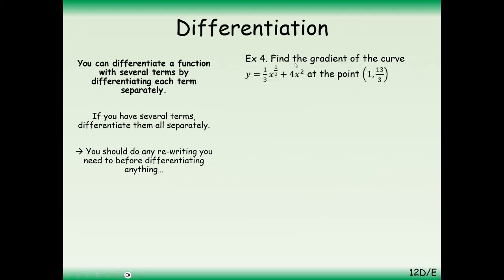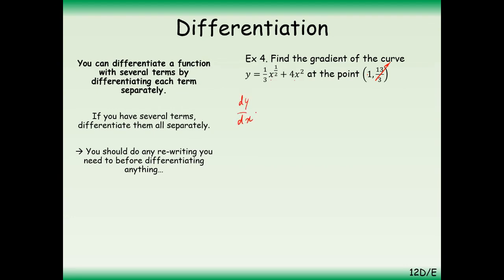For this example, we have fractional powers, and we are to differentiate it at point x being 1. We are not concerned with the y value. We could have found that by substituting 1 into this expression anyway, so we don't need the y value. All we have to do is find dy by dx first.